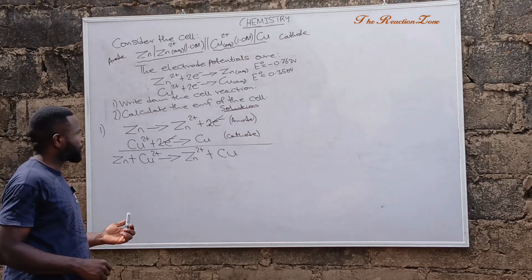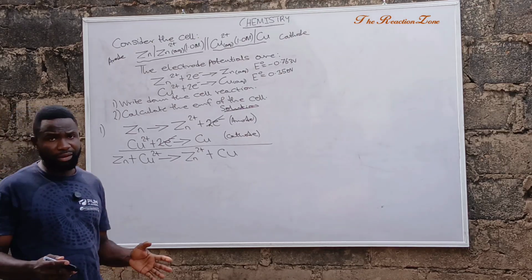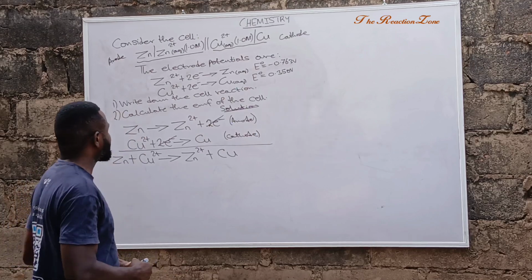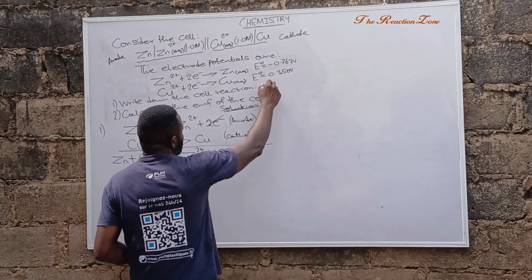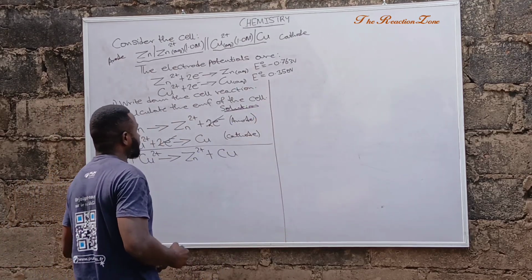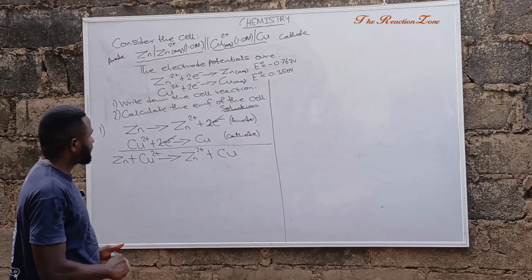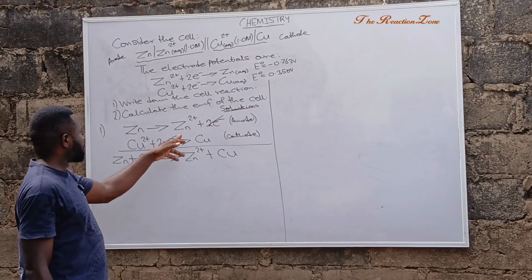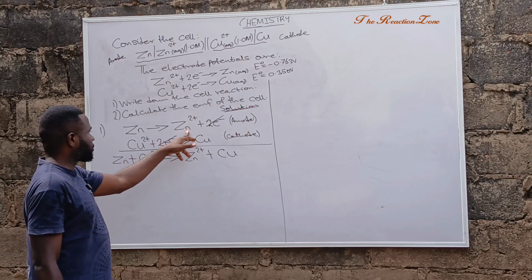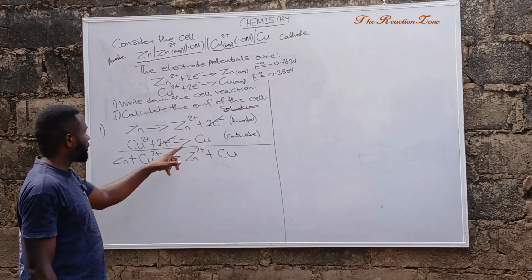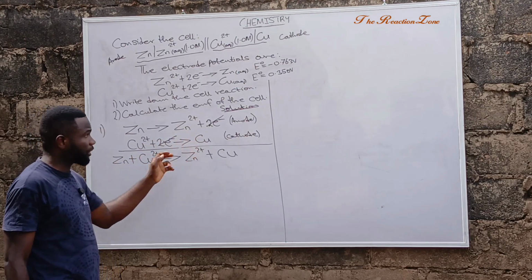Now, for the second one, we are told to find the EMF of the cell. Now, for us to find the EMF of the cell, let us not forget that at the anode, that's where oxidation takes place. At the cathode, reduction takes place.